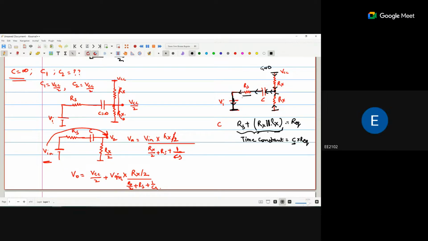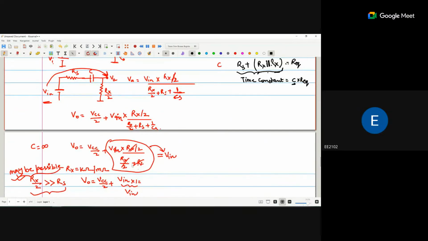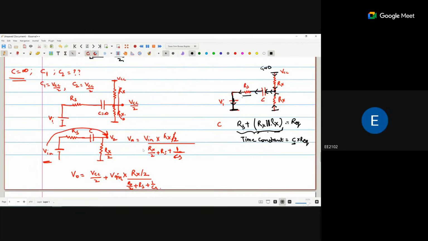Okay, what is the relation between the voltage at this point and this input voltage?